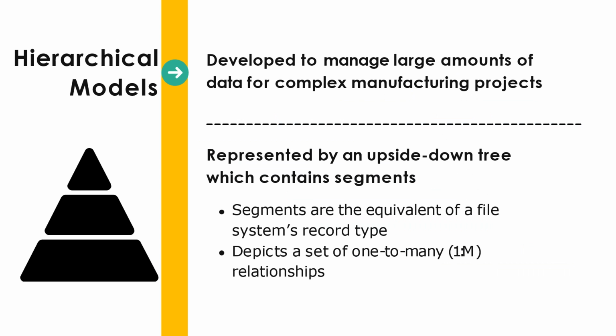The hierarchical data model was developed to manage large amounts of data for complex manufacturing projects. It is represented by an upside-down tree which contains segments. Those segments are the equivalent of a file system's record type, and they depict a set of one-to-many relationships. In the example earlier, the one part would be the branches, and the many part would be the employees.